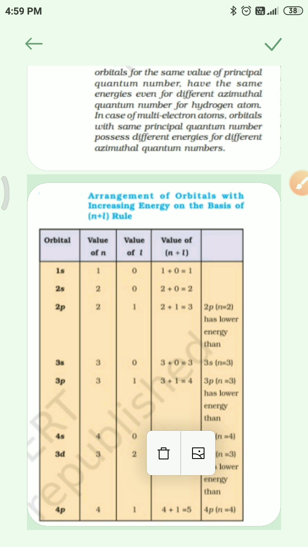So E2s of hydrogen is more than E2s of lithium, which is more than E2s of sodium, which is more than E2s of potassium, and so on.